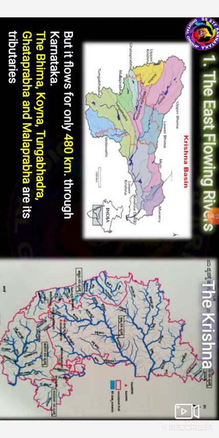But the Krishna River flows only 480 kilometers through Karnataka. In Karnataka state, the Krishna River flows for 480 kilometers.